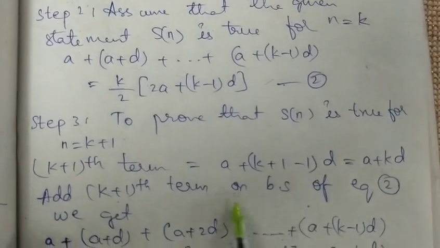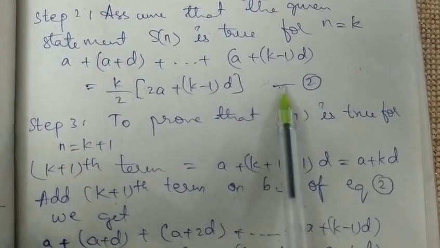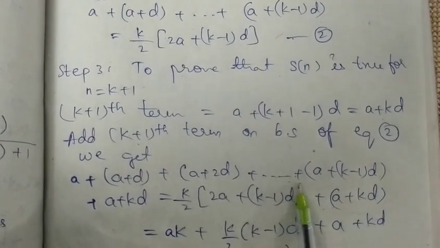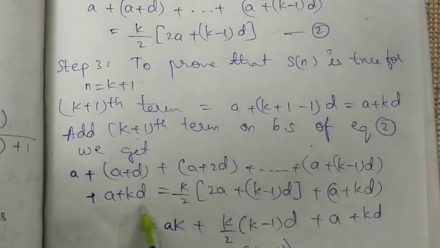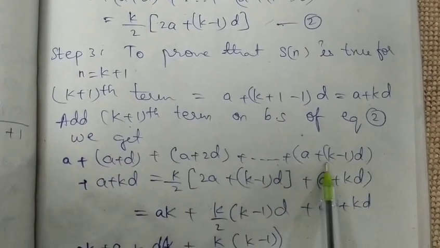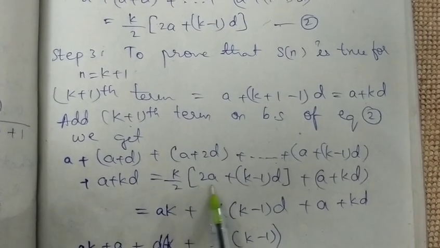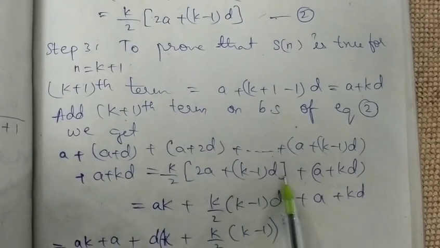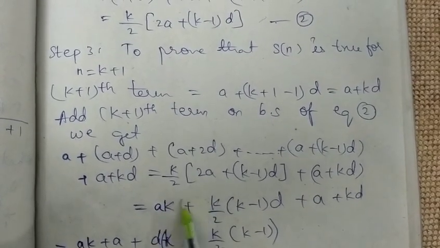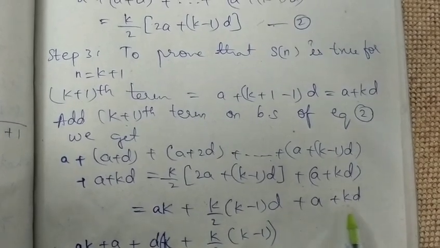Now we have to add this term, that is a plus kd, on both sides of equation 2. We'll get the sum of k plus 1 terms, which is equal to a plus d plus a plus 2d plus so on till a plus k minus 1 into d plus a plus kd is equal to k by 2 into 2a plus k minus 1 into d plus a plus kd, which is equal to ak plus k by 2 into k minus 1 into d plus a plus kd.